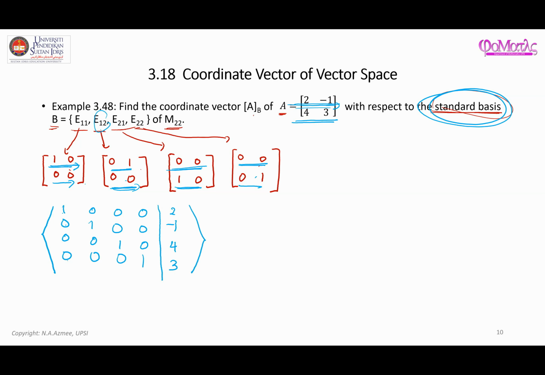That's the starting point. And based on that, we can see that this is already RREF. Therefore, you can clearly read from this part here. So that would be the coordinate vector of A with respect to B is just 2 negative 1 4 and 3.